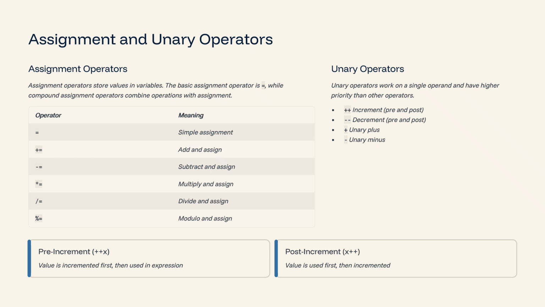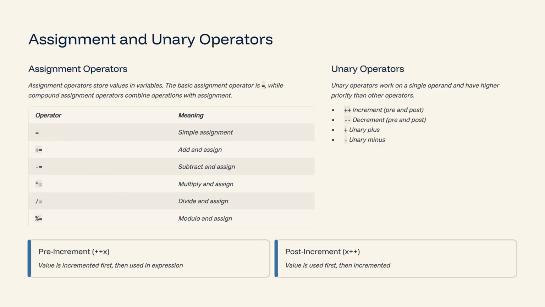For increment, let us have an example. x is equals to 5. x plus plus means x is equals to x plus 1, where x is equals to 6. Decrement operator: if x is equals to 5, x minus minus means x is equals to x minus 1, where its value is equals to 4.